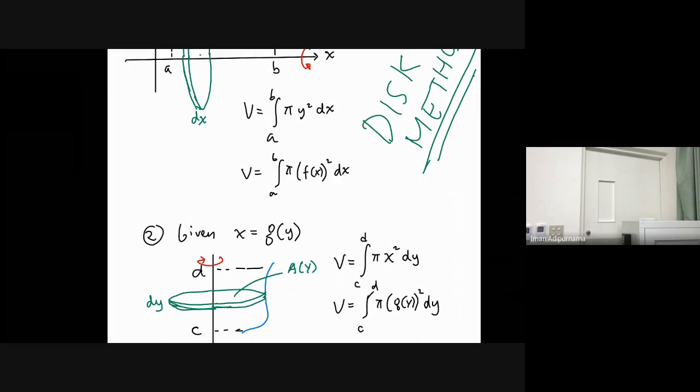And in some cases, the volume you can choose dx or dy depending on your decision. But mostly, if you rotate through x, it's dx, if the function is simple enough. And when you rotate about y, then you use dy, in most cases, if you have a simple function.